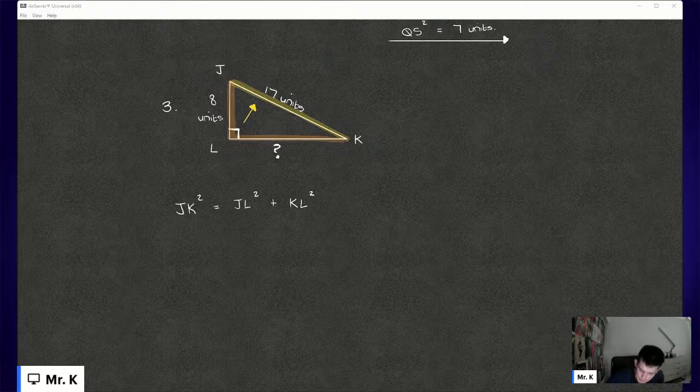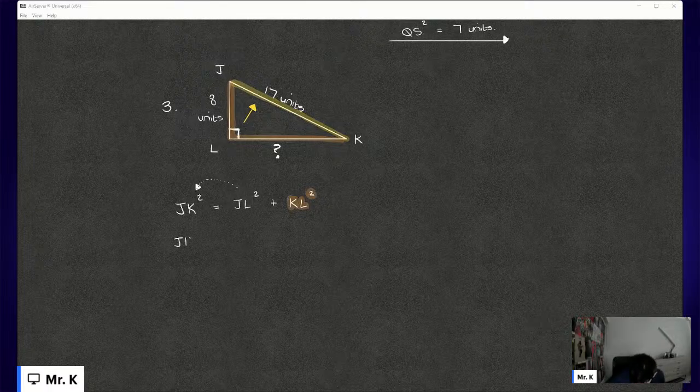Right? Now, what side are we looking for? We're looking for the side across the bottom here, the base, KL or LK. Doesn't matter which way you prefer to write it. We usually just like writing things in alphabetical order. So if I want KL squared on its own, it means that I would need to move JL squared over to the left-hand side.